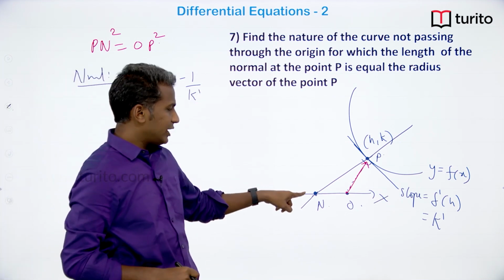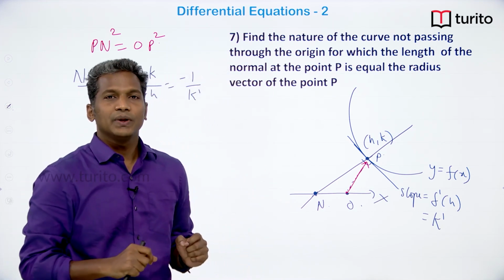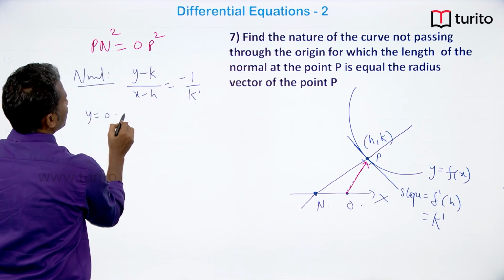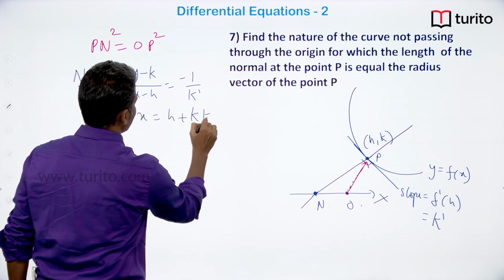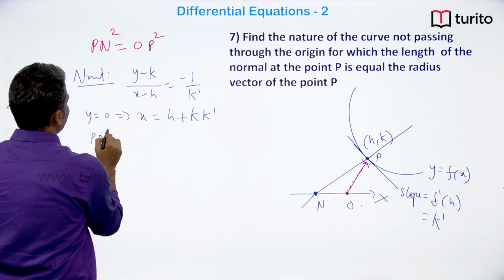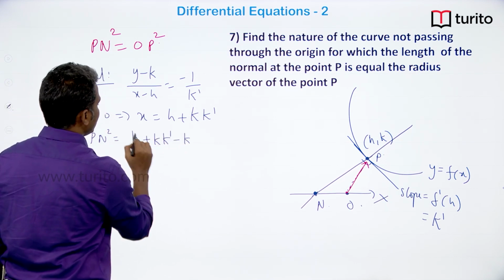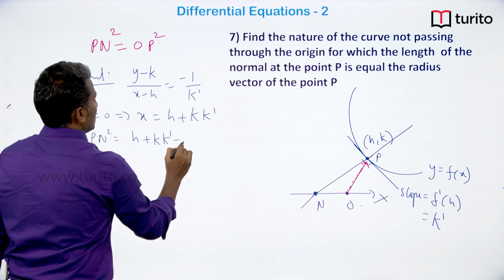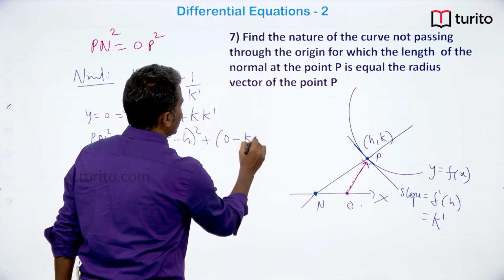Now we want to find the point N. N is the point where normal cuts x-axis. So we will put y equal to 0 and get x here. So if I put y equal to 0, I am going to get x equal to h plus k k dash. So that means PN square is going to be (h plus k k dash minus h) whole square plus (0 minus k) whole square.